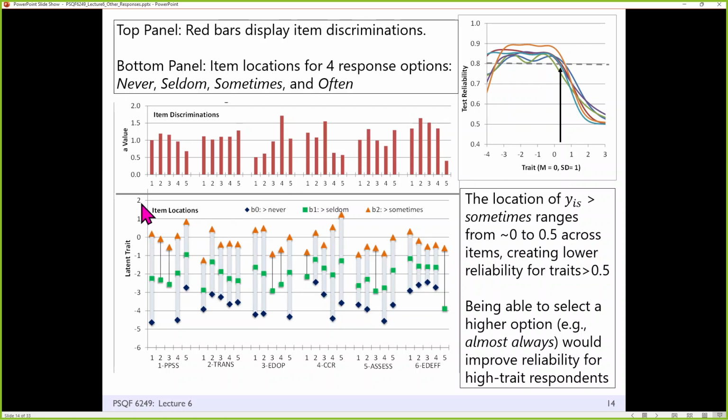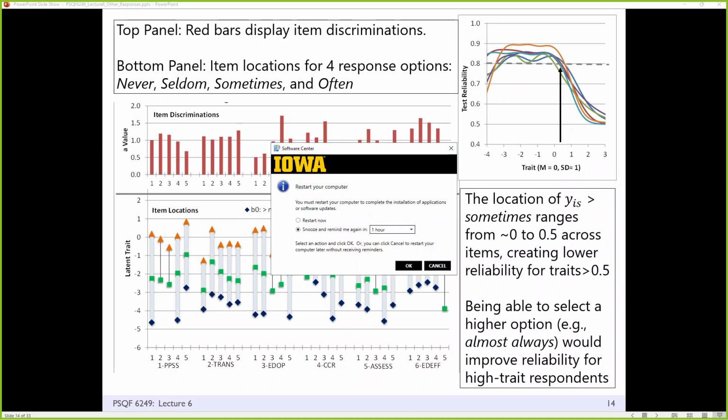The bottom plot has the trait on the y-axis, and the x-axis are the different items for these 6 different subscales. Each of these dots inside this plot, blue, green, and orange, those are the B values that I computed out of the thresholds and loadings so that I could describe the trait level at which you have a 50-50 probability of shifting into the higher response category.